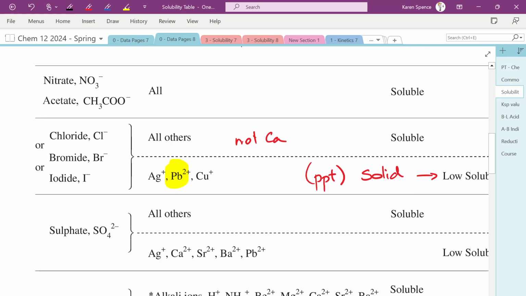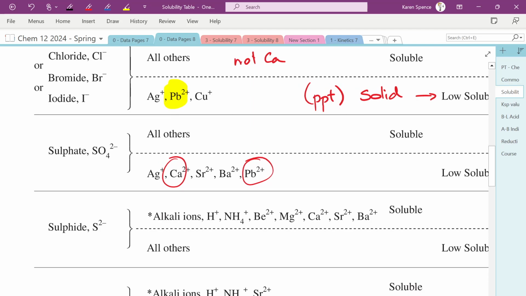How about sulfate? Would sulfate work? Why does sulfate not work? It precipitates both the calcium and the lead, so that will not work. How about sulfide? Sulfide will work because calcium will not precipitate, and lead is down in the all others category.